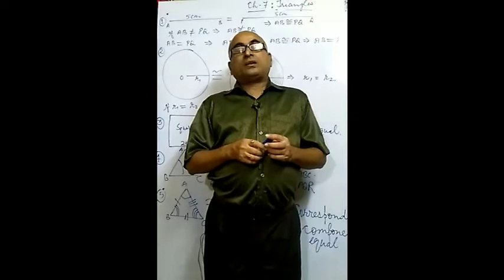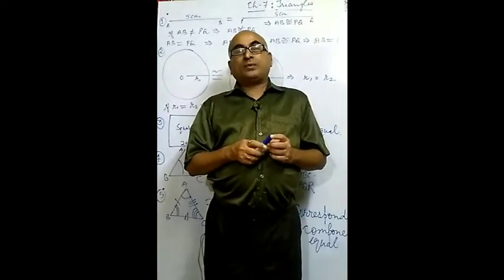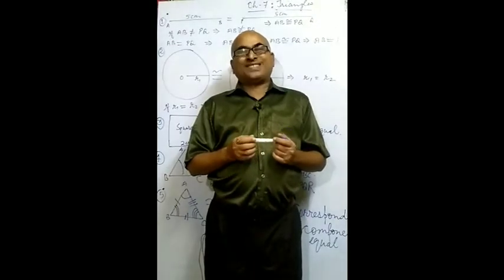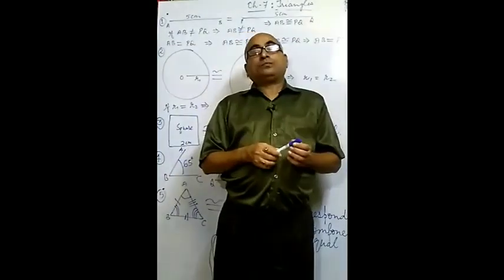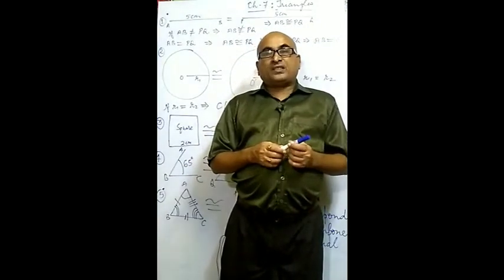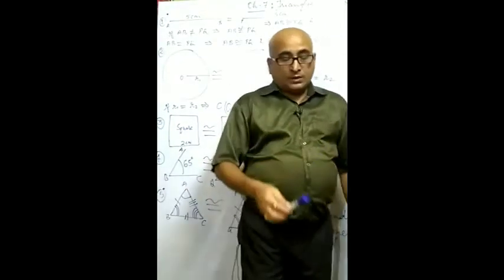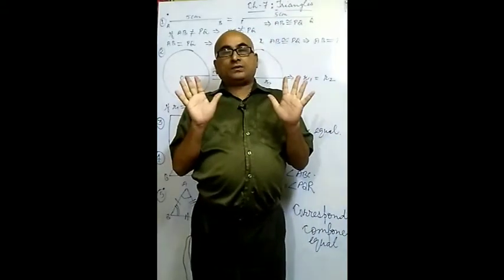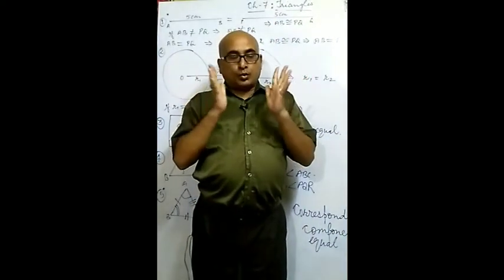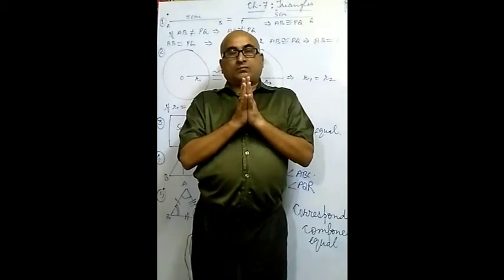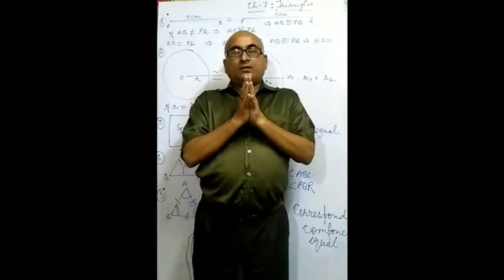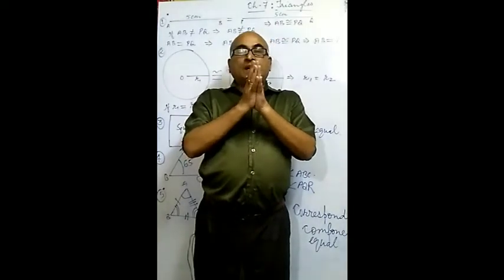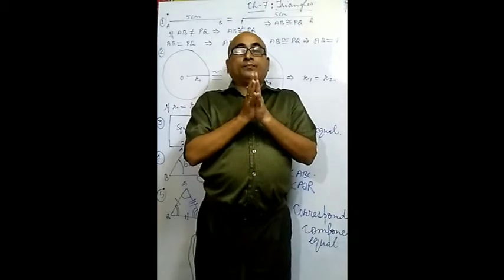What is a congruent figure? What do you mean by congruent figures, congruent objects? You may observe a very simple example. If you open both your palms like that and bring them close to each other, fingers will cover fingers and palm will cover palm.